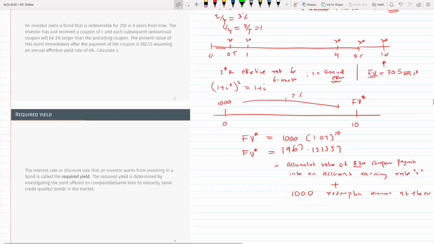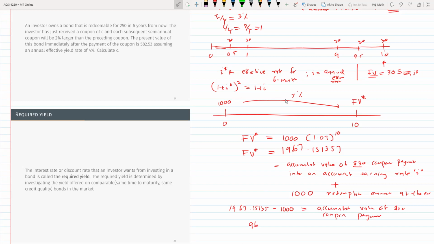So then the accumulated value of the $30 coupon payments is what? I can subtract the 1,000. This is the accumulated value of the $30 coupon payments.